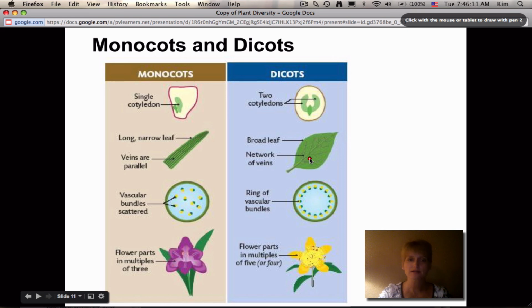It's not parallel, and so those would be dicots. When we do a cross section of the stem, we see a nice, neat, orderly ring of vascular bundles in there. And then their flower parts are in multiples of 5, sometimes in multiples of 4, but most of the dicots we see will have 5 petals.